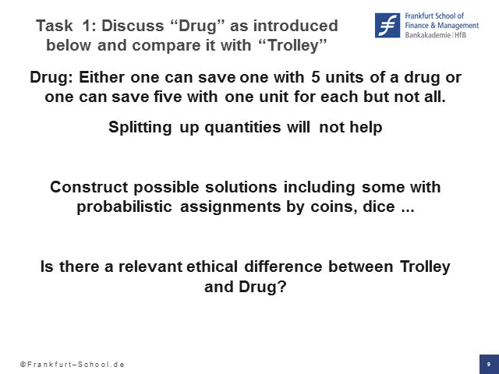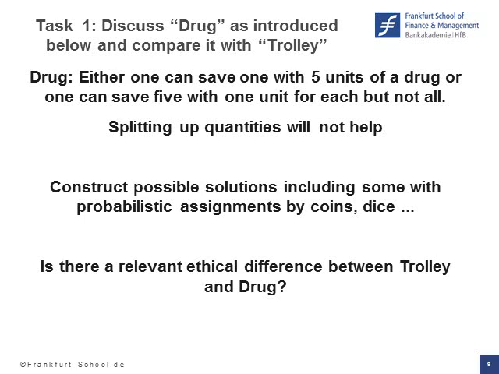It's the answer to this question. In the case of trolley, you cannot save the 5 without actively killing the 1. In the case of drug, you can do 3 things.